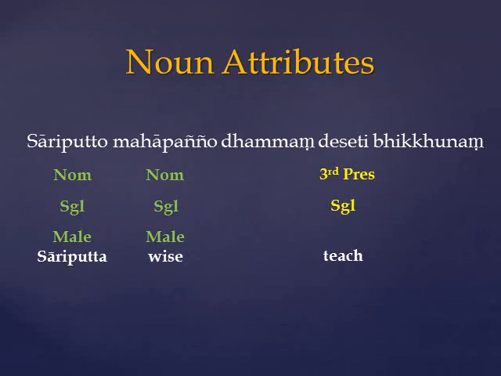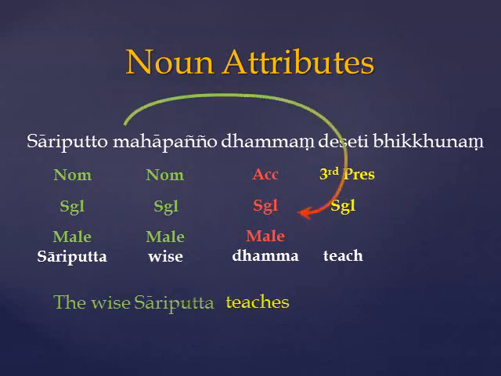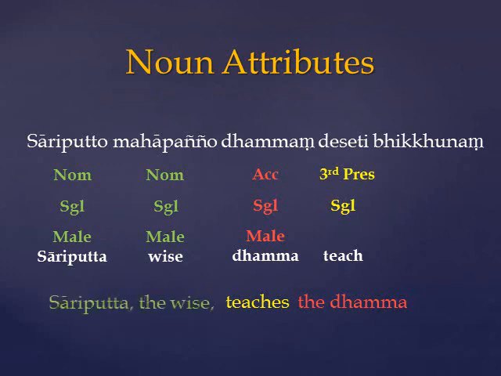Now the object of the verb, and in this case what is being taught, is the term in accusative case, which is dhammam. So we could translate this, the wise Sariputta teaches the Dharma, if we were to take mahapanyo as an adjective. Or we could say, Sariputta, the wise, teaches the Dharma, taking mahapanyo as an attribute in apposition.